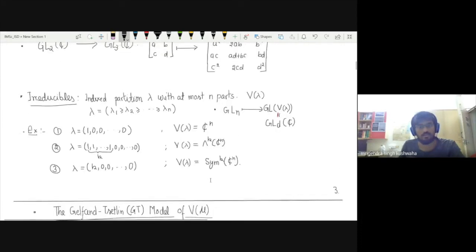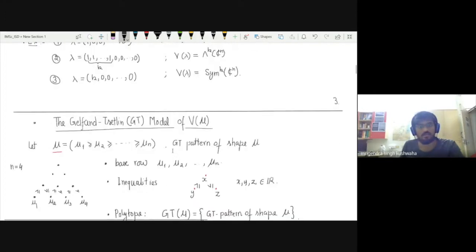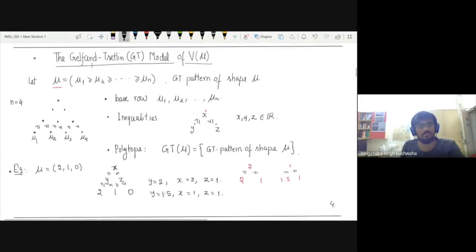Mostly we study these irreducible representations by some combinatorial models. There are many combinatorial models, but today I will talk about the Gelfand-Tsetlin pattern model and the hive model. So what is the Gelfand-Tsetlin model? You take a partition mu with at most n parts.